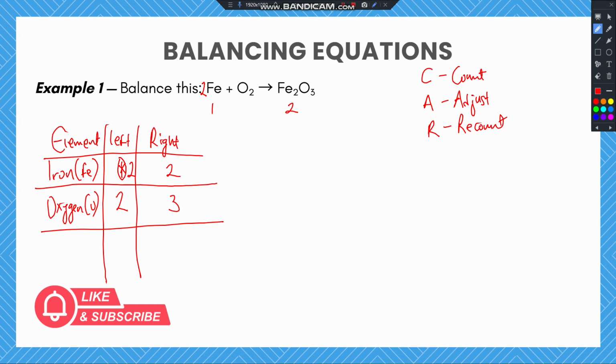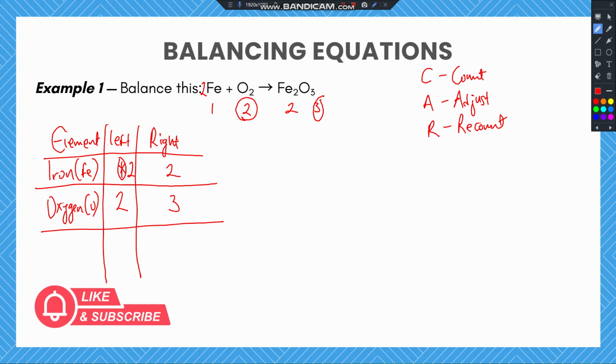I need to check out the next thing to work on, which is oxygen. Now you can see oxygen over here having a subscript of 2, and then there is a subscript of 3 over here. So oxygen has 2 atoms on the left hand side and 3 atoms on the right hand side. So how do I balance oxygen?